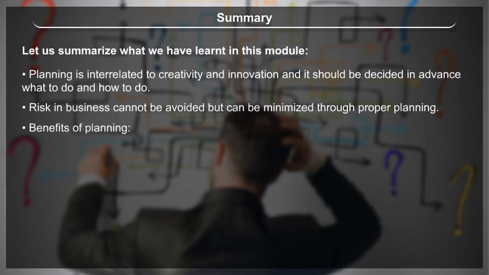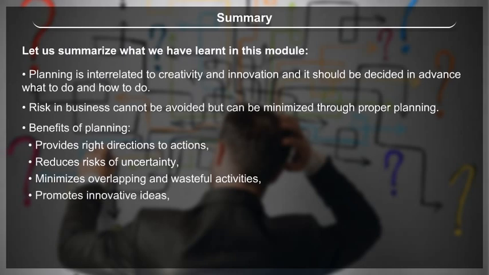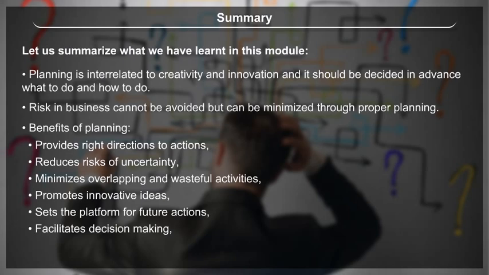Benefits of planning: provides right directions to actions, reduces risks of uncertainty, minimizes overlapping and wasteful activities, promotes innovative ideas, sets the platform for future actions, facilitates decision-making and establishes standards for controlling.